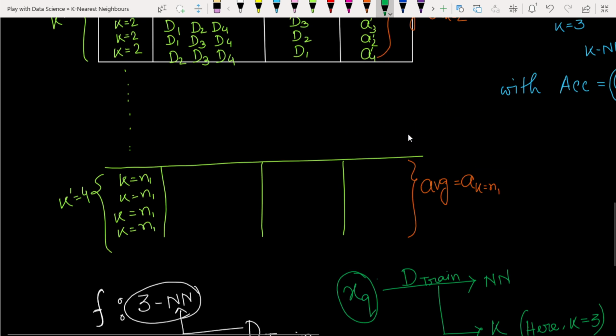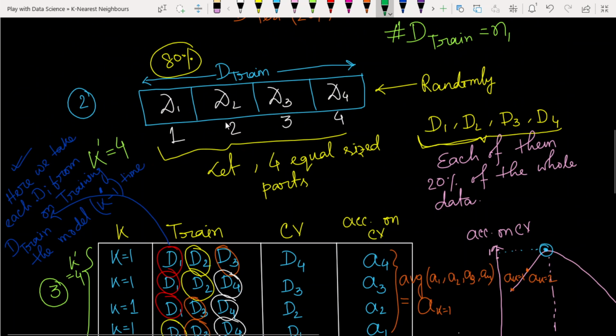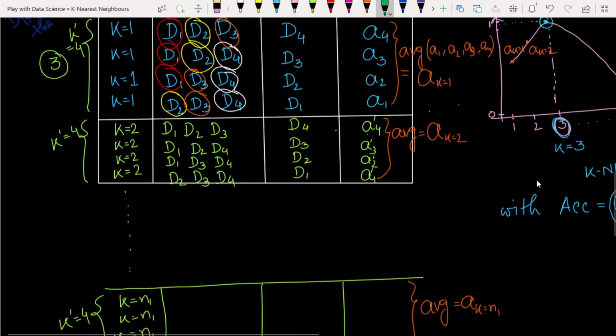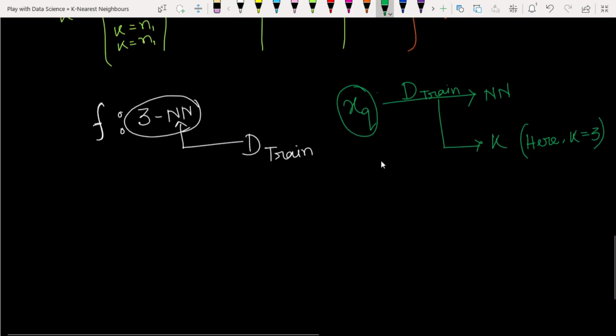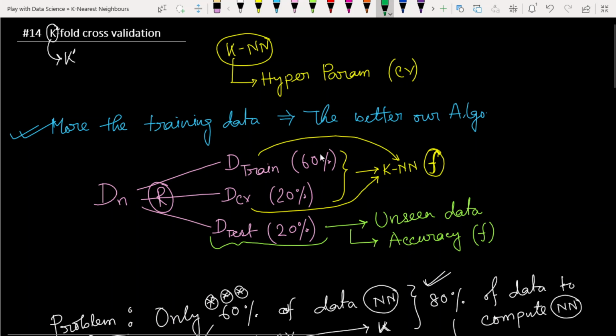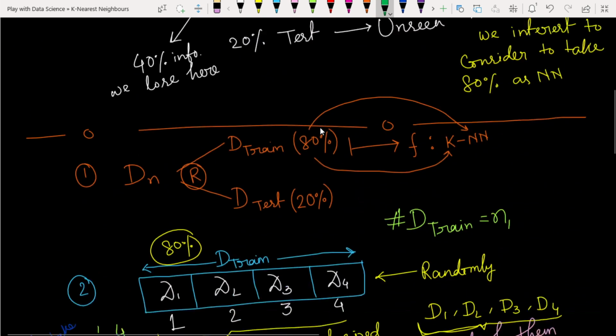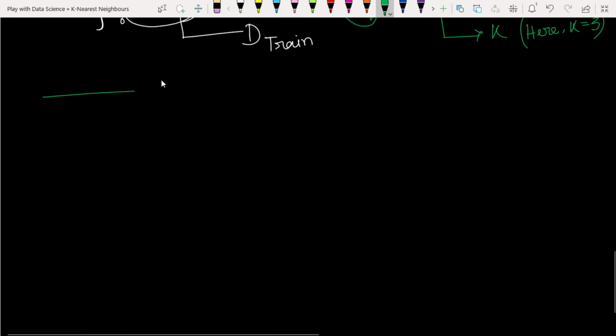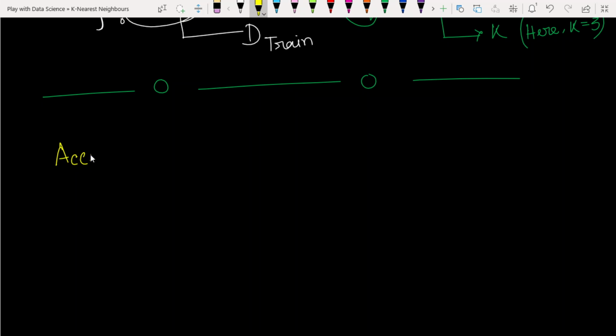Here we have taken the whole D_train dataset as training, and also for cross validation to find the right k. Now the same thing applies to find the accuracy on unseen data.